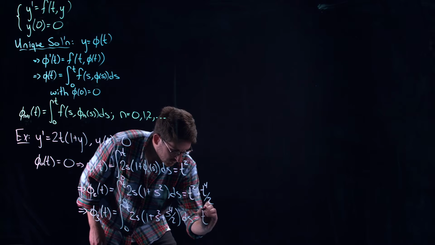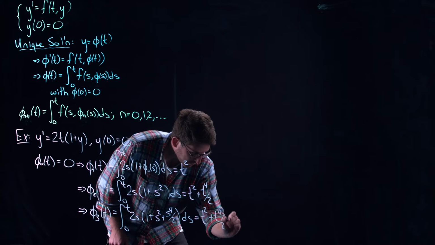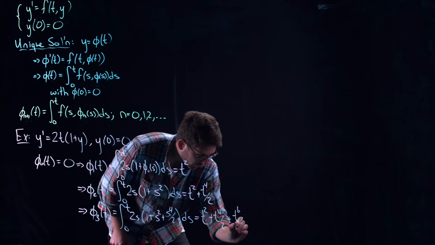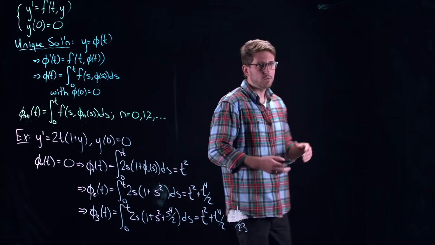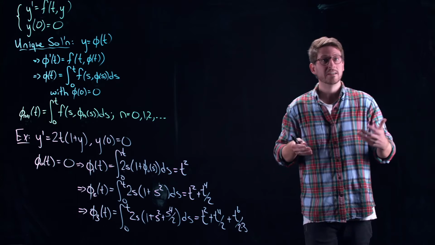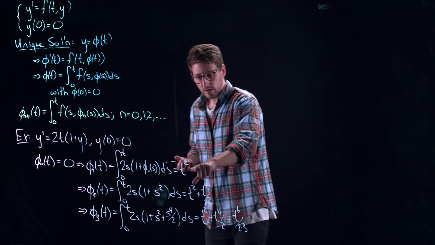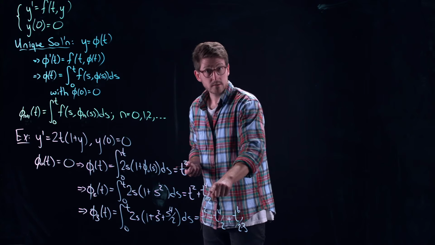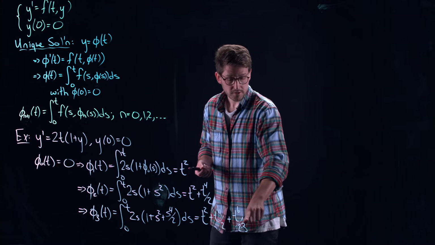And I get t squared plus t to the 4 over 2 plus t to the 6 over, I'm going to write it as 2 times 3, okay? And you probably know why I'm going to write it as 2 times 3, because I want to be able to recognize a pattern as I go through this thing. But look at t squared plus a correction, and its correction plus another correction.